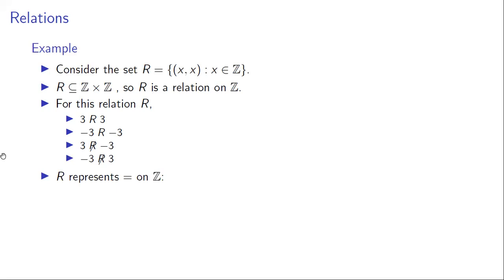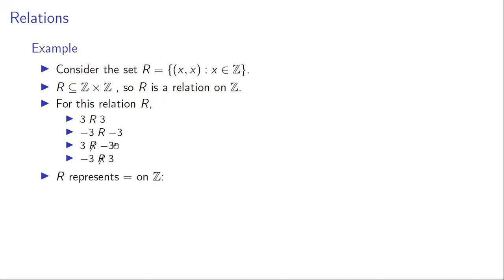Now, what does R represent? If you think about it, R represents the equal sign, the equality on the set of integers. In other words, R is a way of representing equals without actually writing equals. Because R is all ordered pairs made up of integers where the first item in each pair equals the second item in each pair.